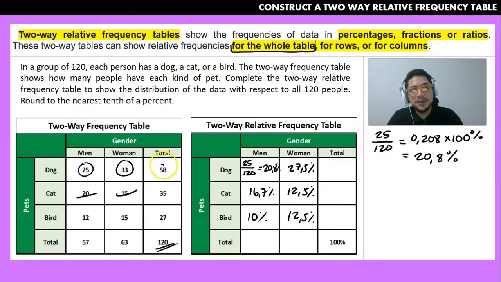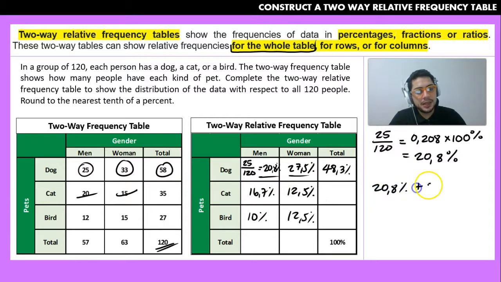So what can we do to find the totals? We can either divide 58 by 120, which would be 48.3%, right? Or we can also total the two percentages. So we can add 20.8% plus 27.5%, and that is also going to give us the same answer. So you can use either method, right?